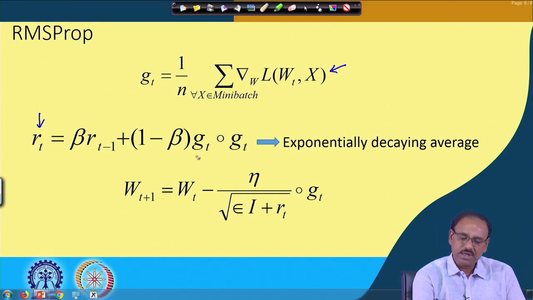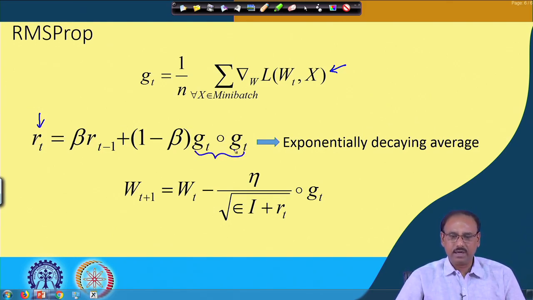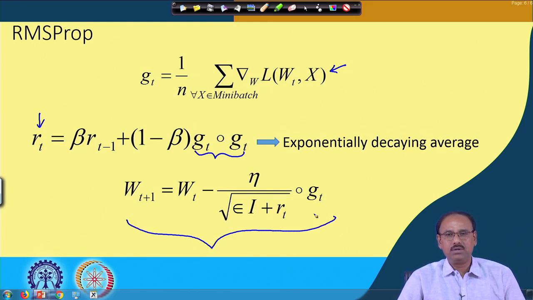So, GT into GT gives you the squared gradient, which is initialized to 0. This expression, RT is equal to beta times RT plus 1, into 1 minus beta times GT into GT, gives you the exponentially decaying average of GT square. And then your update algorithm, that is WT plus 1 is equal to WT minus eta by square root of epsilon I plus RT times GT.